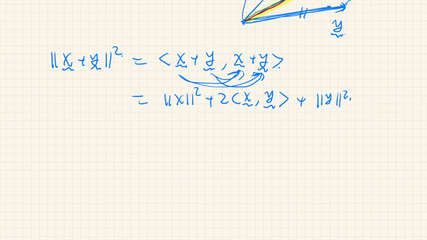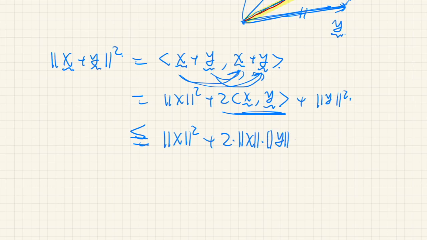Using the Cauchy-Schwarz inequality on this part, this is less than or equal to the norm of x squared plus 2 times the norm of x times the norm of y plus the norm of y squared.